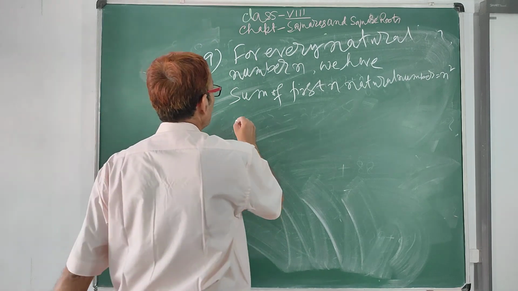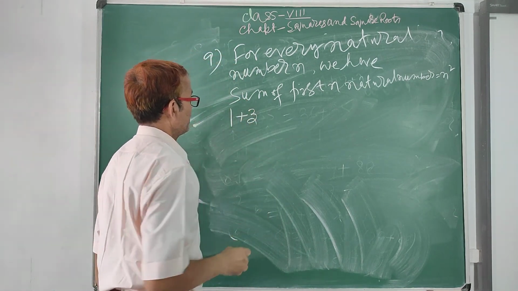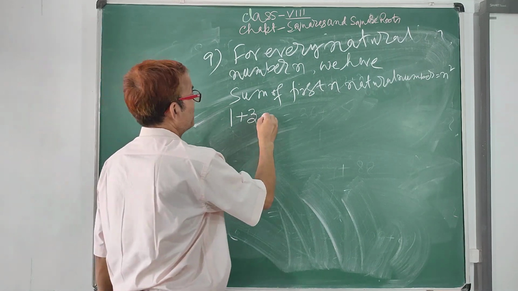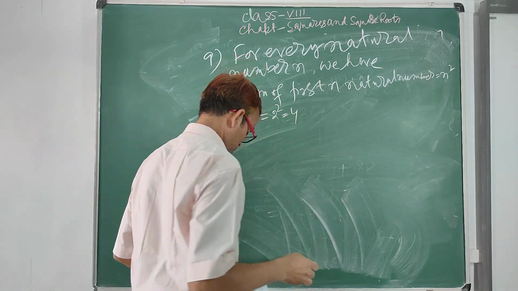For example, the first odd natural numbers 1 plus 3. Here the number of terms is 2. Then this is equal to 2 square. This is equal to 4.